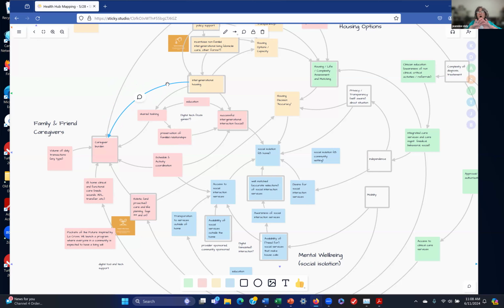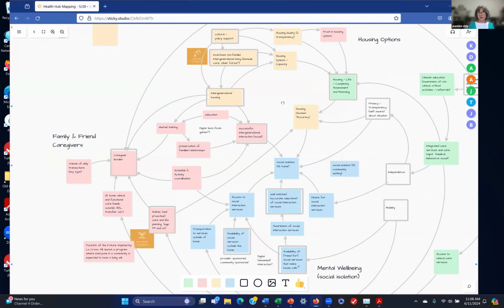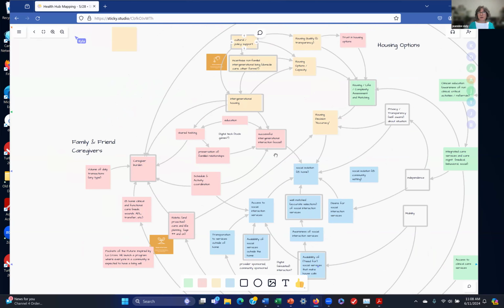And I allowed a lot of the Post-its to go to the edge in favor of what we wanted to focus on. And so there are some little threads here of intergenerational interaction and housing. So we were honed in on intergenerational housing. The other thing I did, and this often happens in the offline part as well, is I added a few connective tissue types of Post-its as proposed connection points.